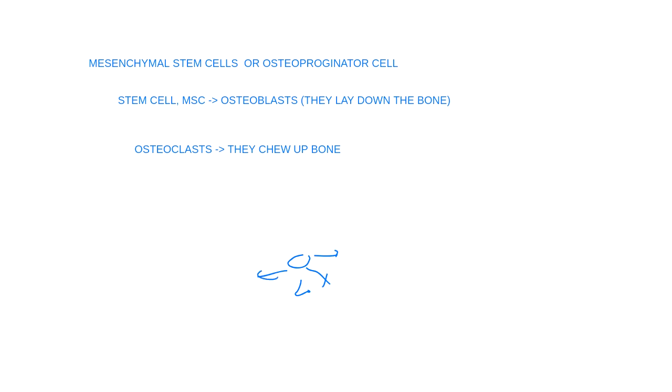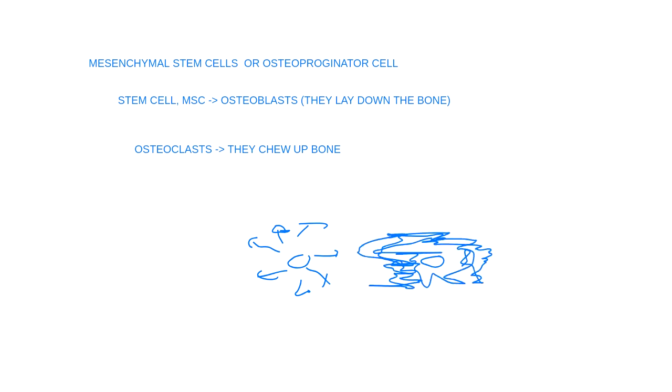Imagine a guy putting some kind of cement around himself, right? If you do it all around himself, pretty much all of this right here is cement. Or you can say osteoblast put down the bone matrix. These are all bone matrix.